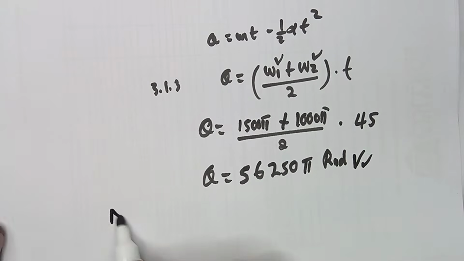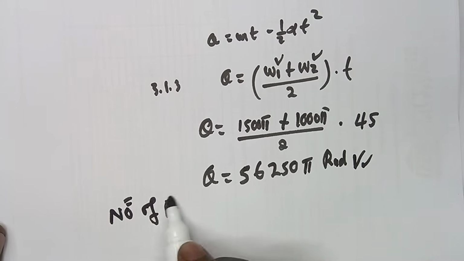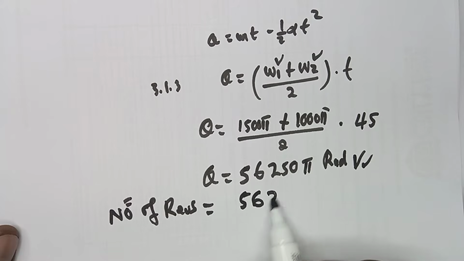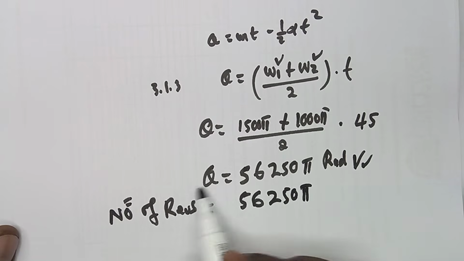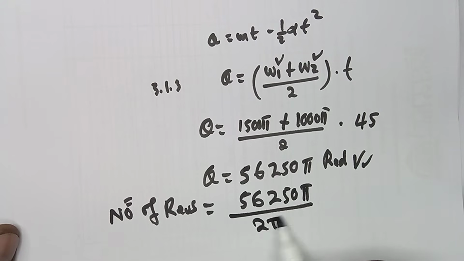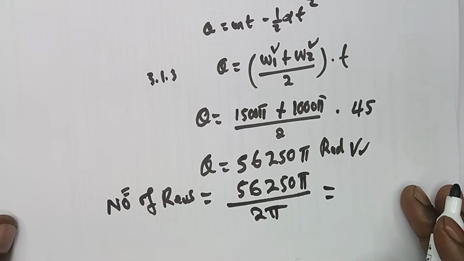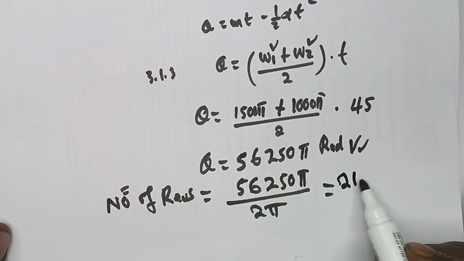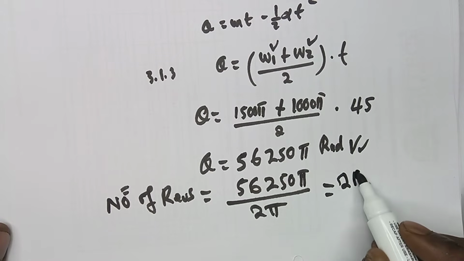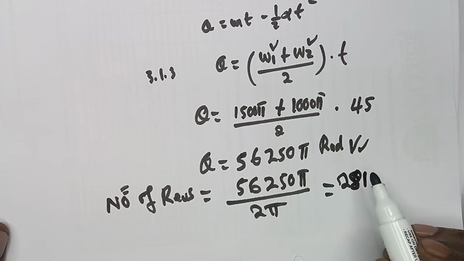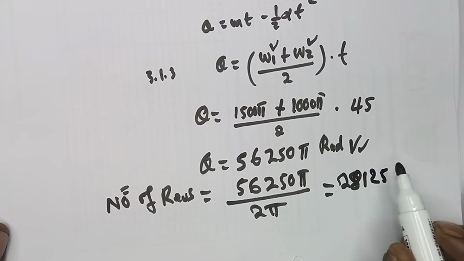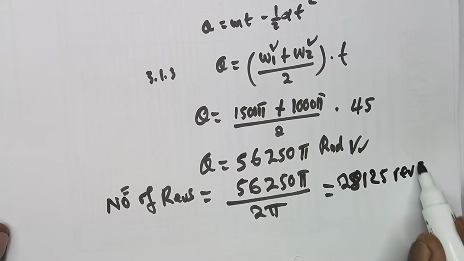Therefore, number of revolutions in this case is going to be 56250 pi, this is our theta, over 2 pi. All right, so this is going to give us 28125 revs. So this is what you're going to have, guys.